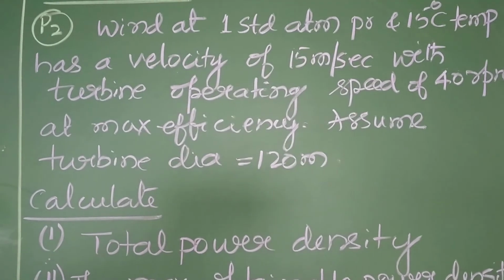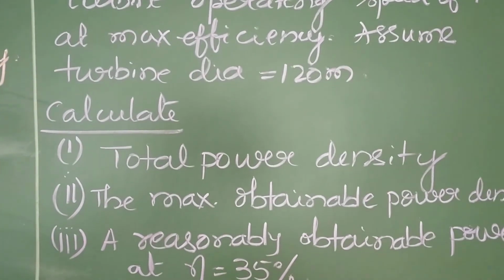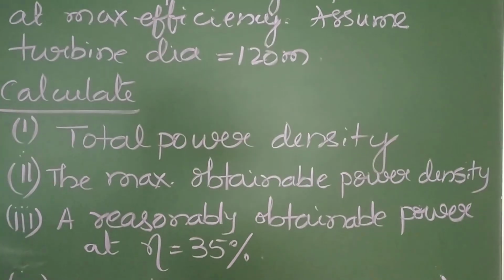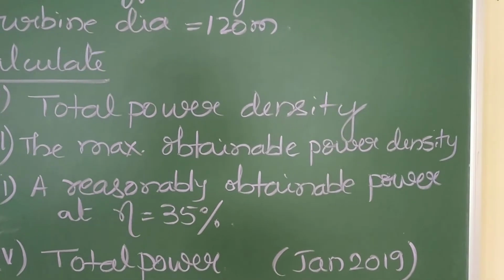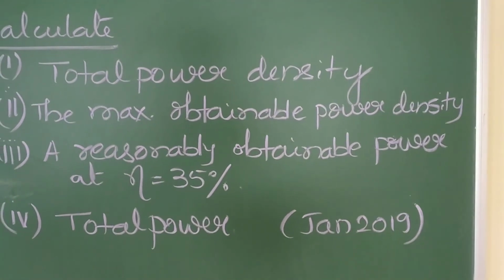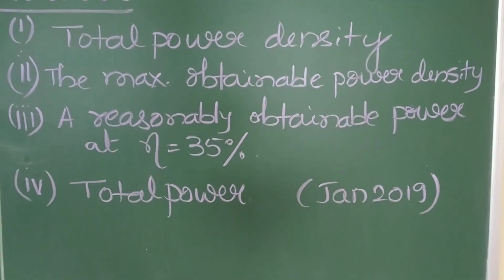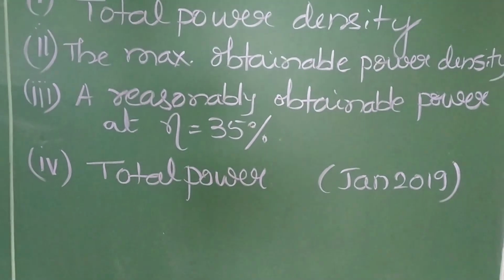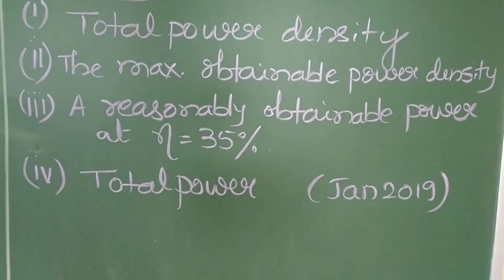Assume turbine diameter as 120 meter. Calculate number 1, total power density. Number 2, the maximum obtainable power density. Number 3, a reasonably obtainable power at 35% efficiency. And the fourth one is total power. This is from the January 2019 paper.